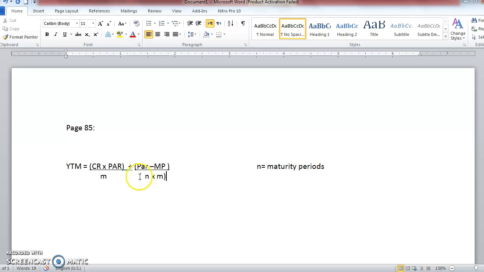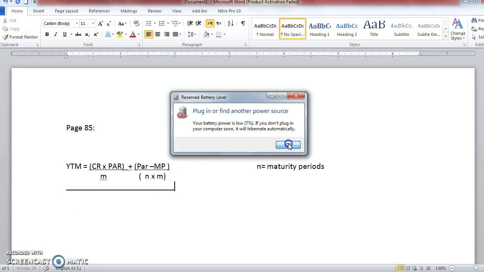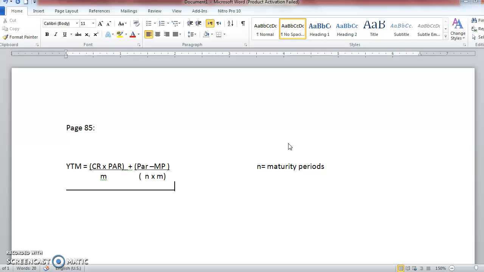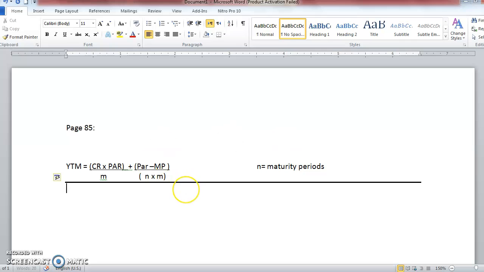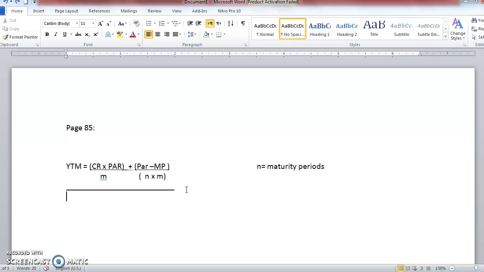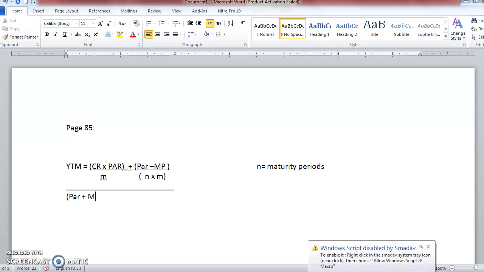And then this whole calculation that you have done, you have to again divide by par value plus the market price and divide by 2. So this is the formula.